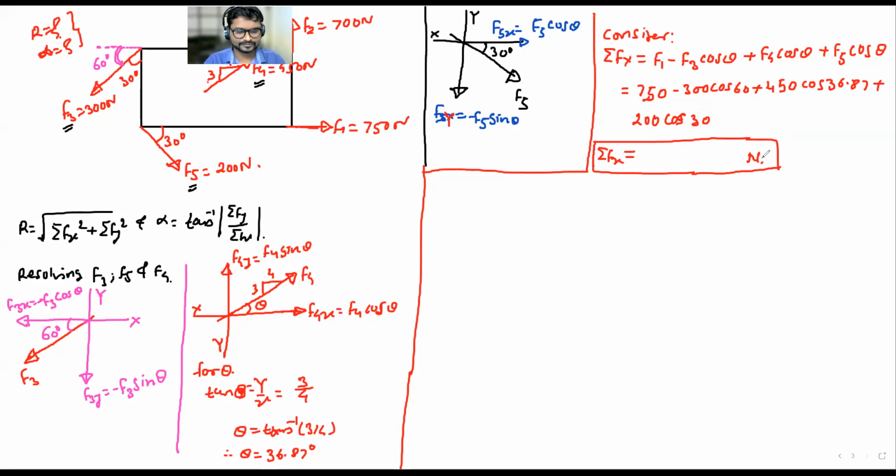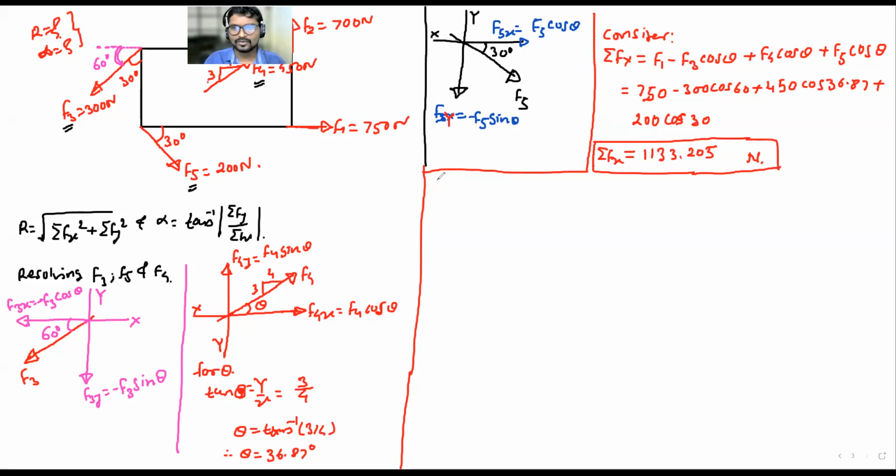Doing it directly is also fine. 750 minus 300 cos of 60 plus 450 cos of 36.87, then plus 200 cos 30. The value is 1133.2045. Yours comes 1133, sir. 2045, that is 4 and this is 5. Correct? Yes, sir.